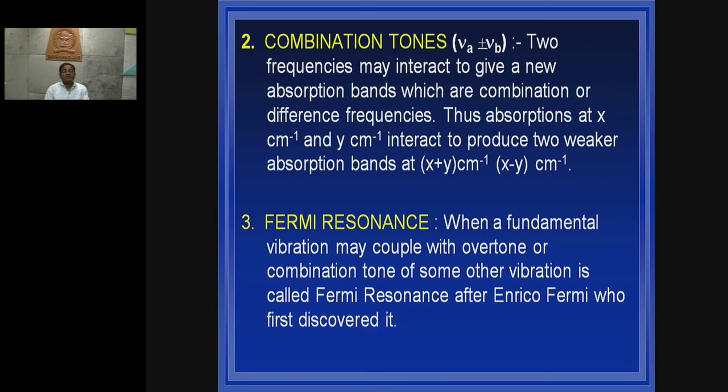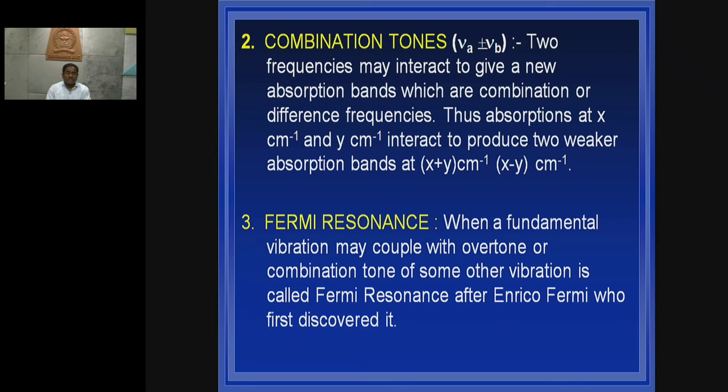One frequency may combine with another frequency. Two frequencies may interact to give new absorption bands which are combination or difference frequencies. Suppose the first is X and the second is Y. Then X plus Y may take place, or X minus Y may also take place. This kind of tone is referred to as a combination tone.